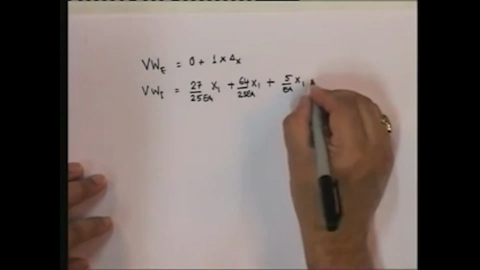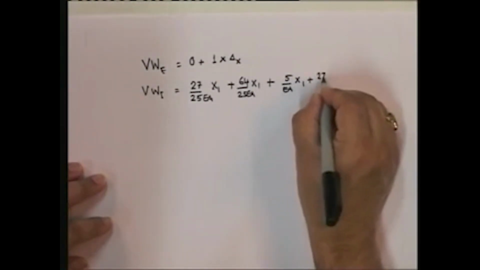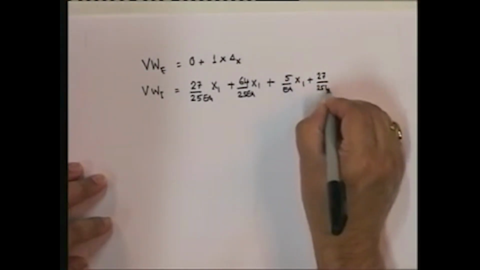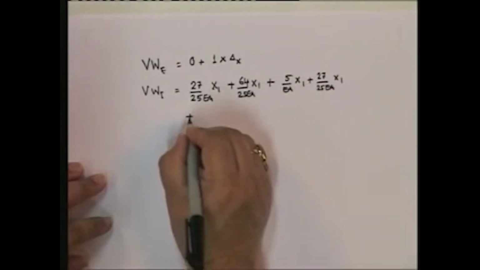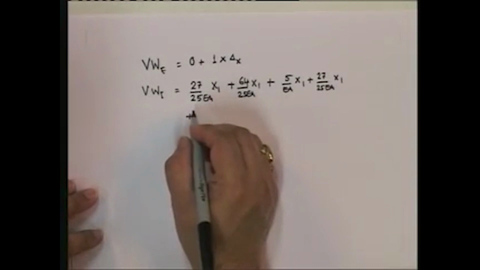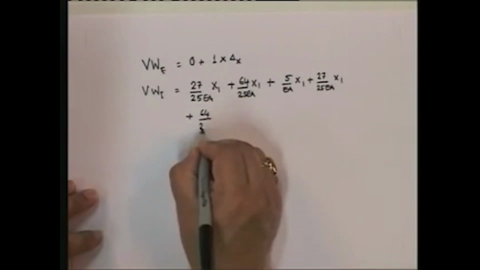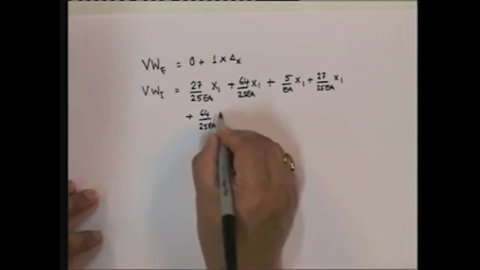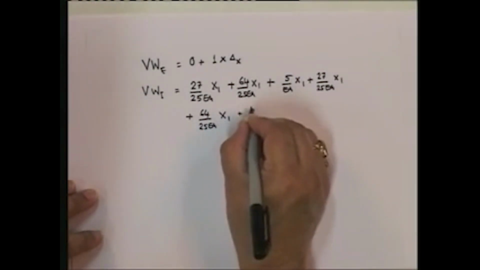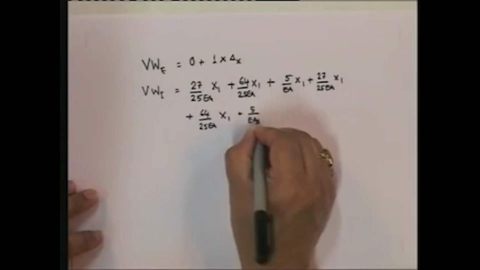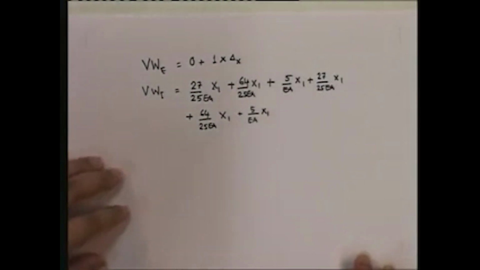Then CD is going to be the same thing, 27 upon 25 EA x1. Then AD is going to be 16 by 5 into 4 by 5, so that's 64 upon 25 x1 plus 5 upon EA x1 into 1. So this is my internal virtual work.